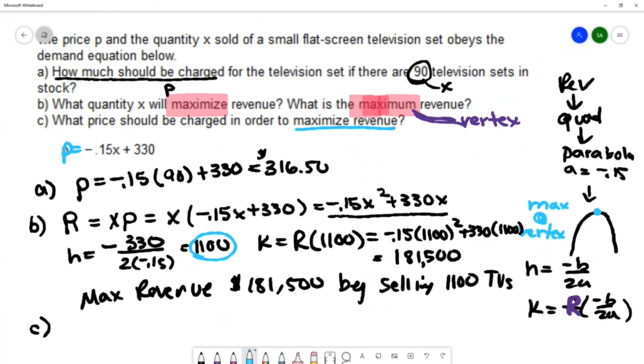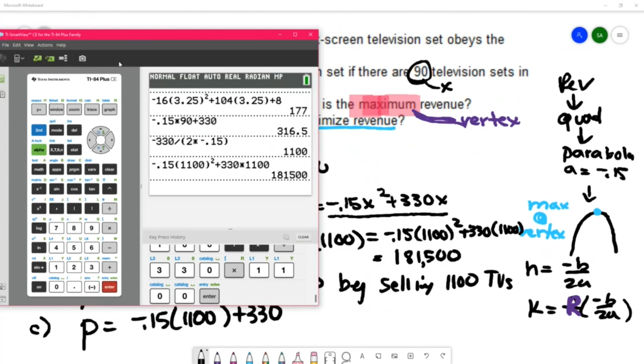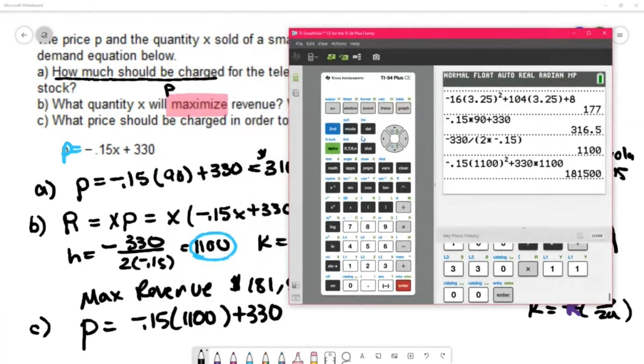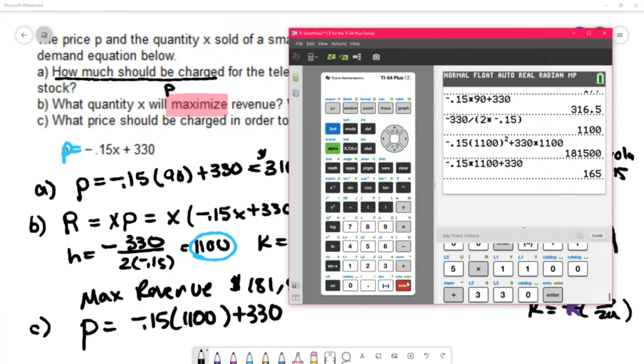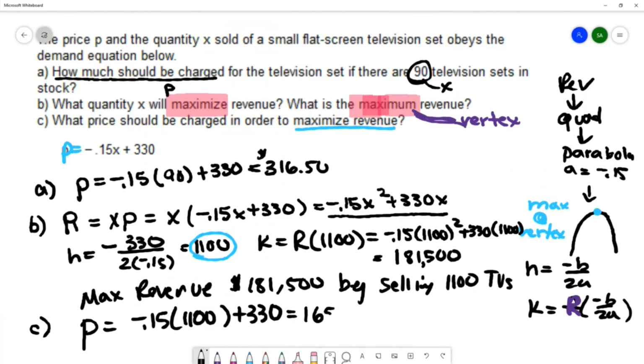So the price that we should charge is negative 0.15 times 1,100 plus 330. And we get 165, so we should charge $165 if we want to maximize the revenue.